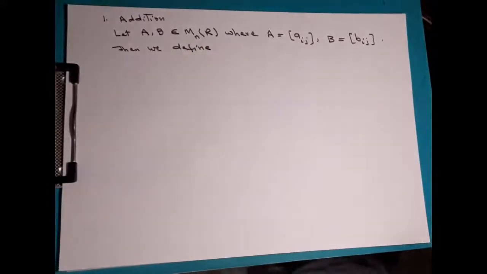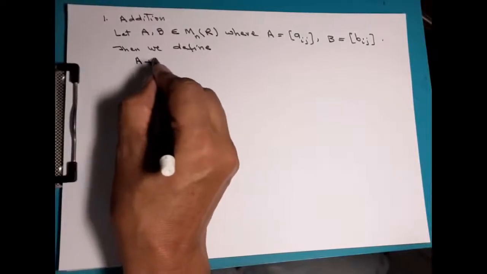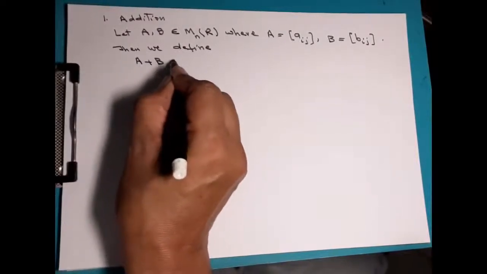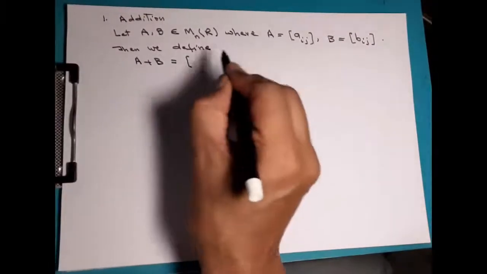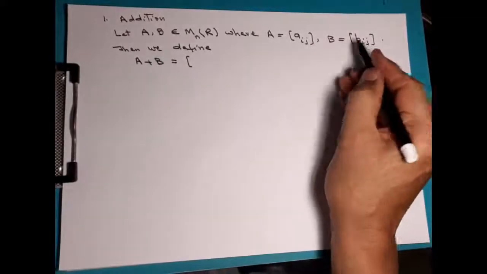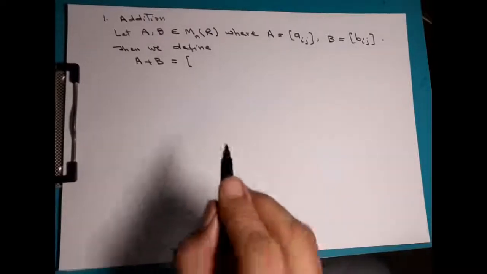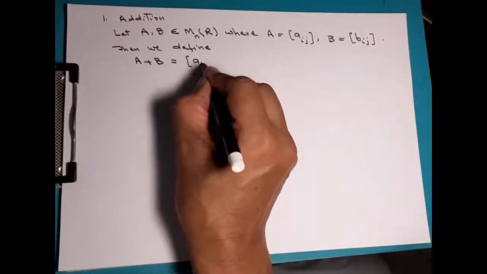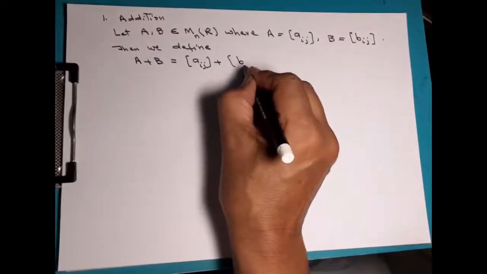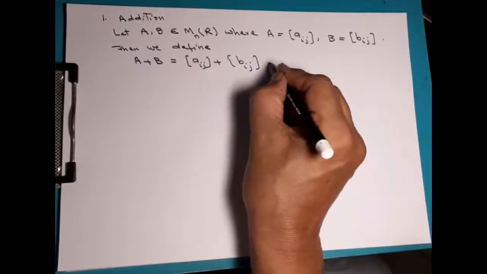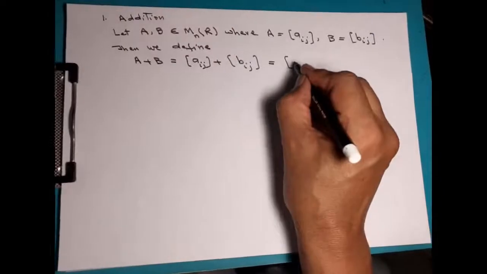And then we define addition, and you are quite familiar with this particular definition of addition of two matrices. If we have matrices of the same order, then their sum is defined by adding the corresponding entries of both matrices. So A plus B is equal to matrix (a_ij) plus matrix (b_ij), and this matrix is obtained by adding the corresponding entries.